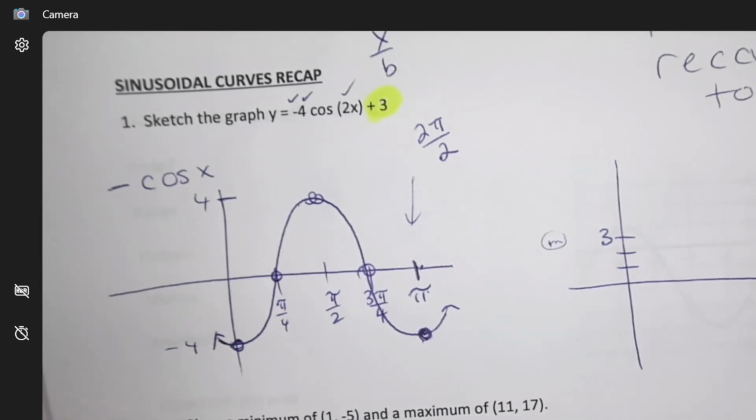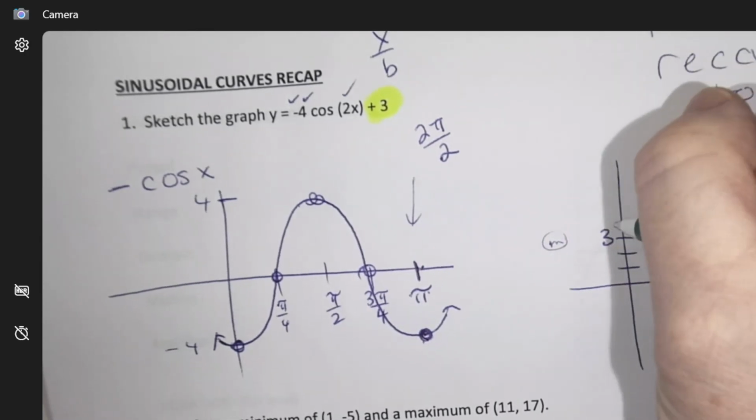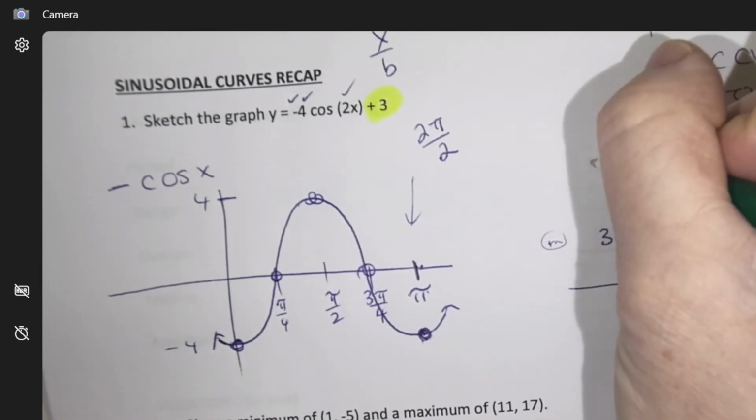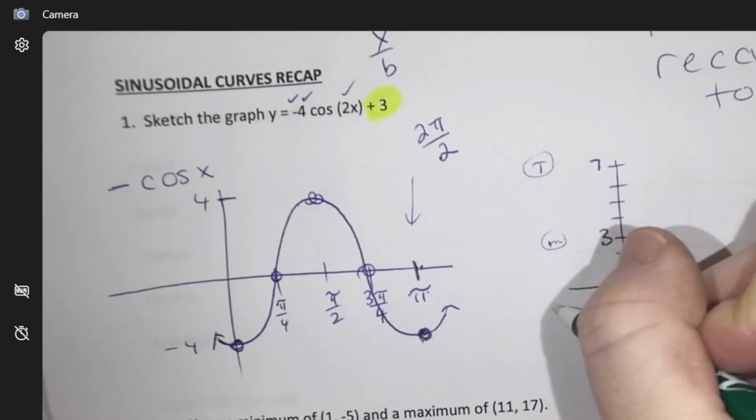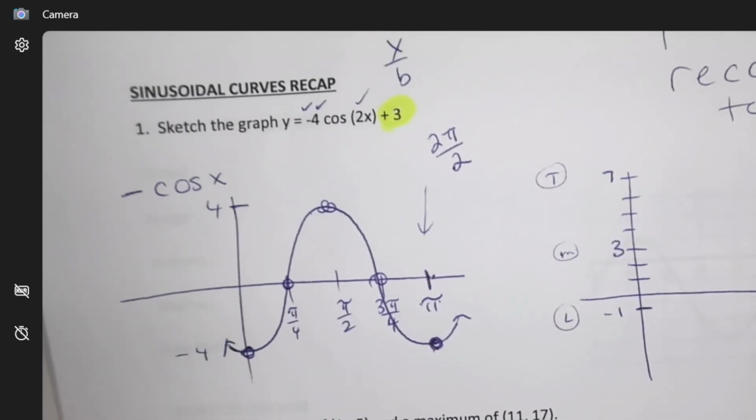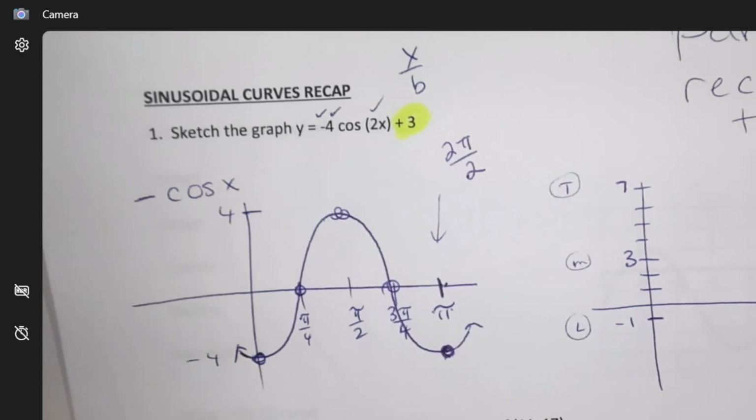What's the highest height? 7 would be on the top. And what value would we go to for the lowest? We would be at -1 for a low. So you're going to fluctuate between those heights.